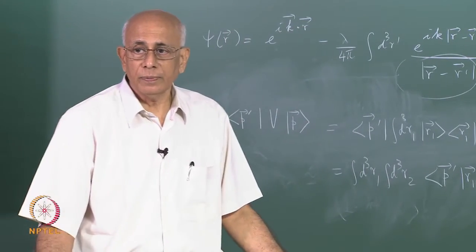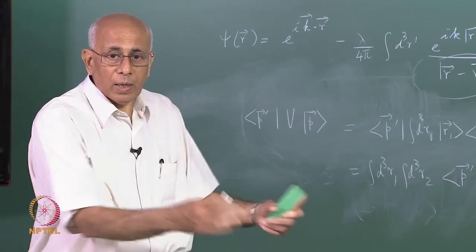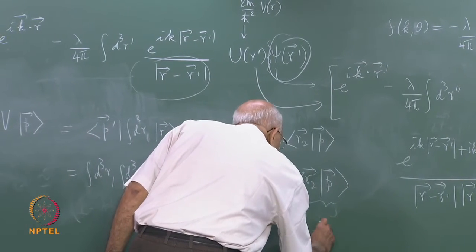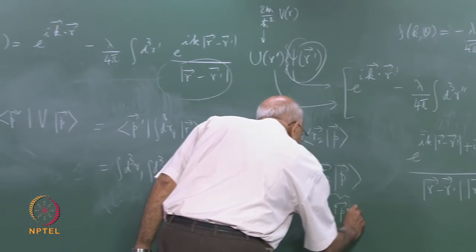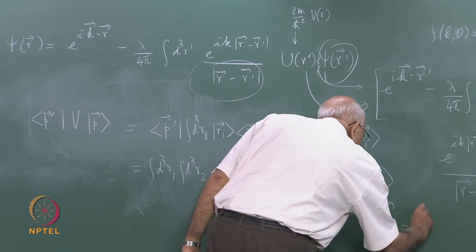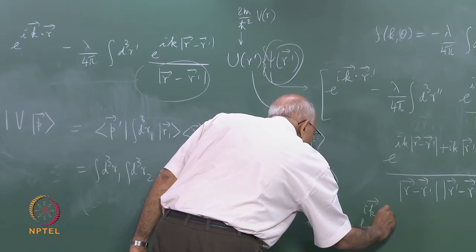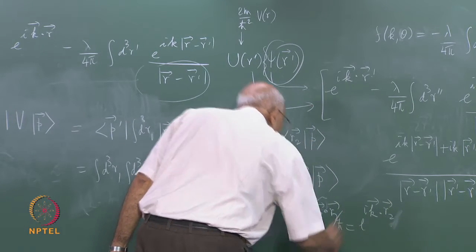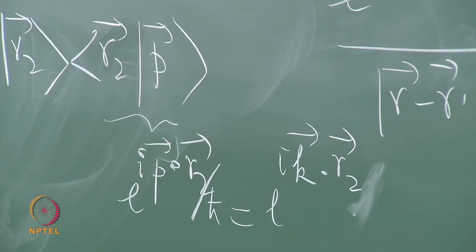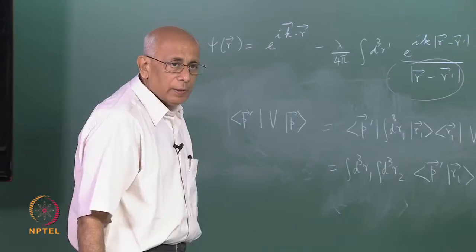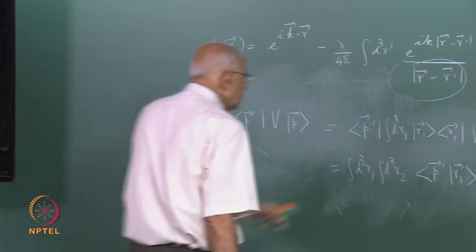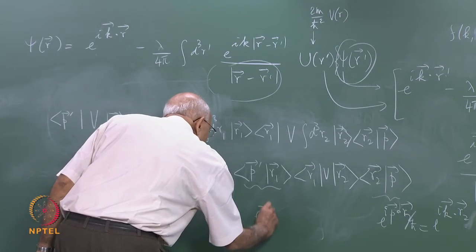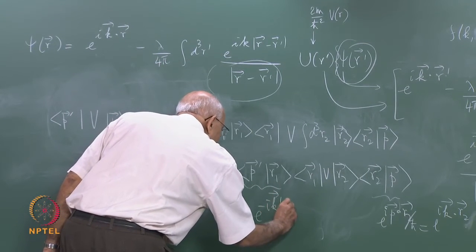It is just a plane wave, just e to the i p dot r, nothing more than that. So this is equal to e to the i p dot r2, which is equal to e to the i k dot r2, since p is h cross k, for dimensional reasons. And this is equal to e to the minus i k prime dot r1.